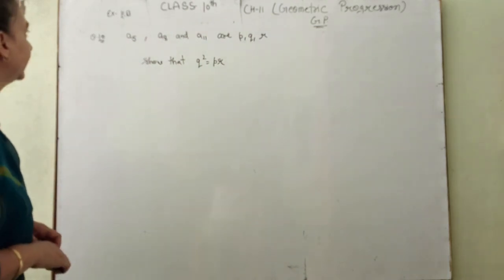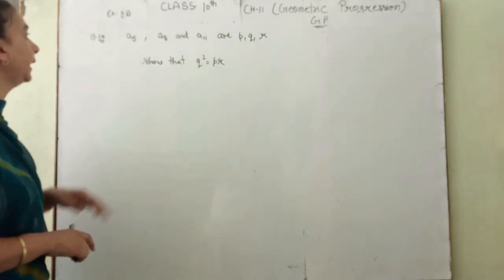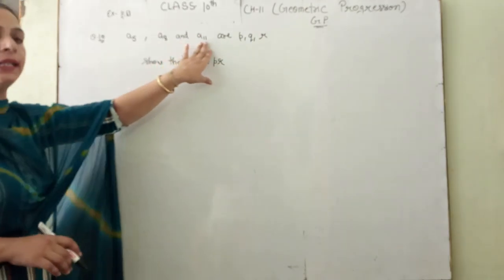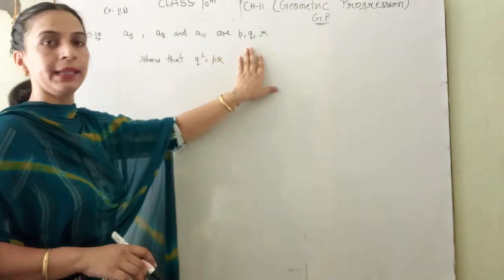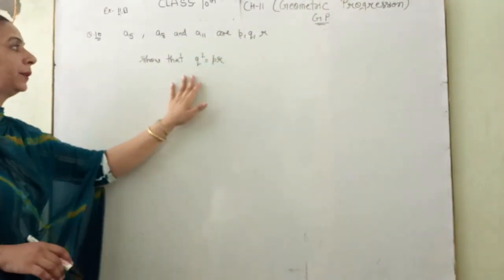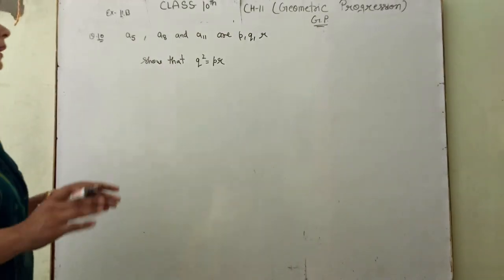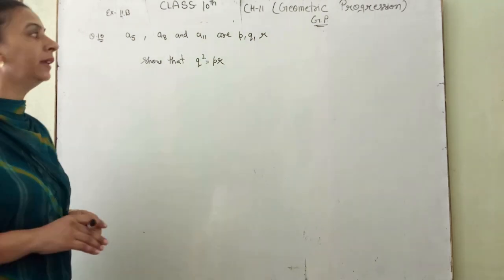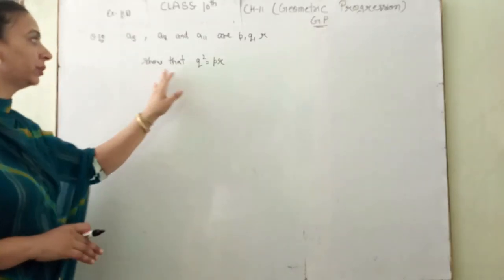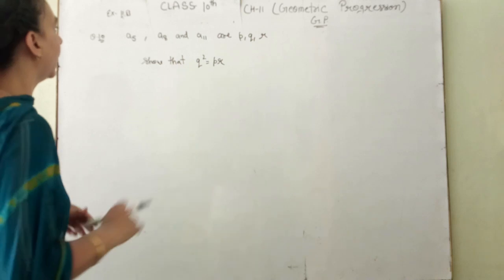This is the next, 10th question of exercise 11B. If the 5th, 8th and 11th terms are p, q and r, then show that q square equals pr. Okay. The 5th term, 8th term and 11th term of the GP are given. With the help of this, we show that q square equals pr.